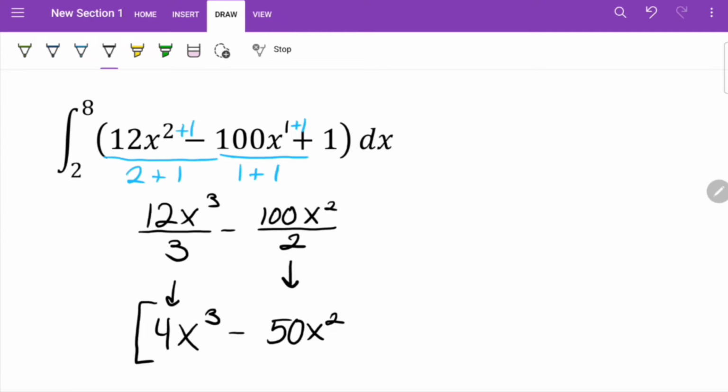The antiderivative of a constant is going to be the constant times the variable to the first power. So that's going to be 1x. The antiderivative of 1 is 1x, which is just x. So plus x. And we're going from 2 to 8.